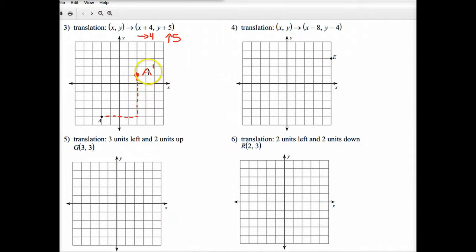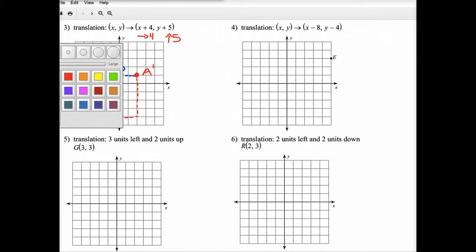Now wait a second. What if I did it in the other order? What if I went 5 up and 4 right? Well, let's see what would happen there. If you go 5 up and then 4 right, you still get there. So whether you're doing 5 up, 4 right, first or second, it doesn't matter. You'll get there either way. So keep in mind this positive as far as how change is going.